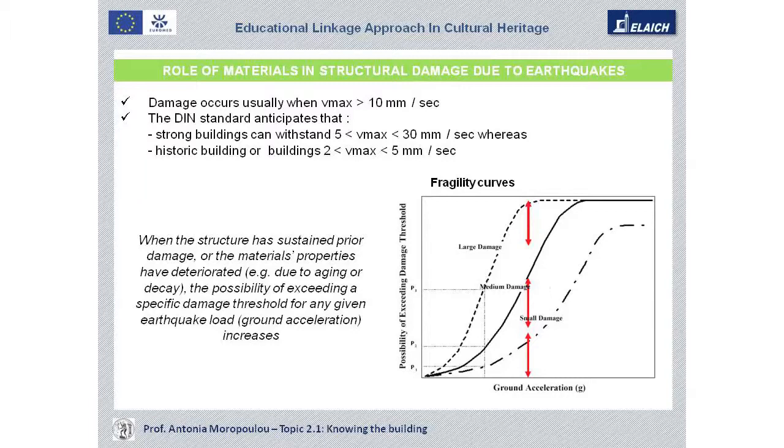However, on the contrary, the amelioration of material properties like the modulus of elasticity might give us the possibility to diminish the damage level and the possibility of attaining damage.